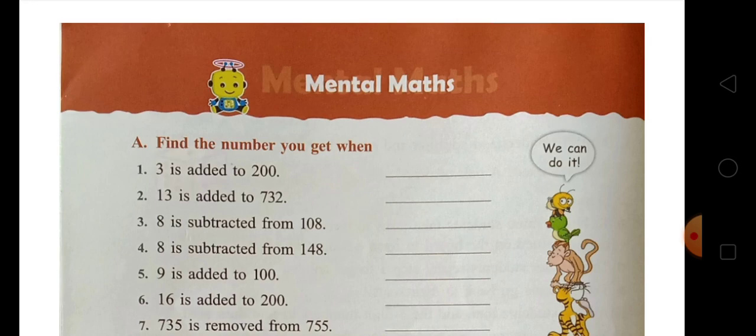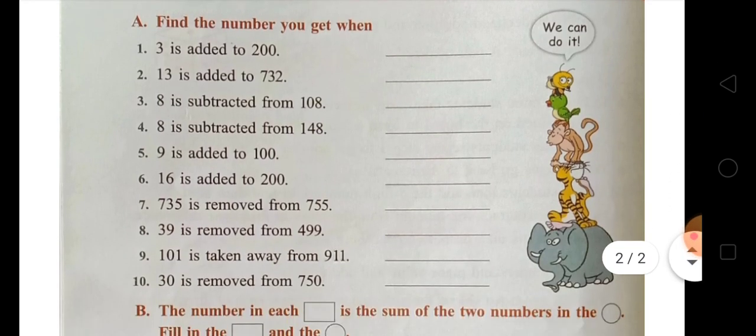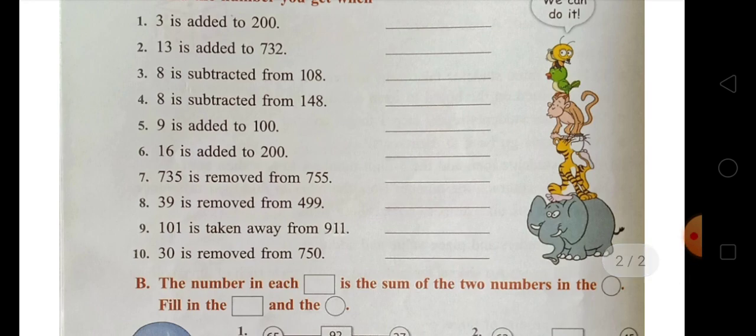So 1 minus 1, 0, 1 minus 0, 1 and 9 minus 1, 8. So that is 810.